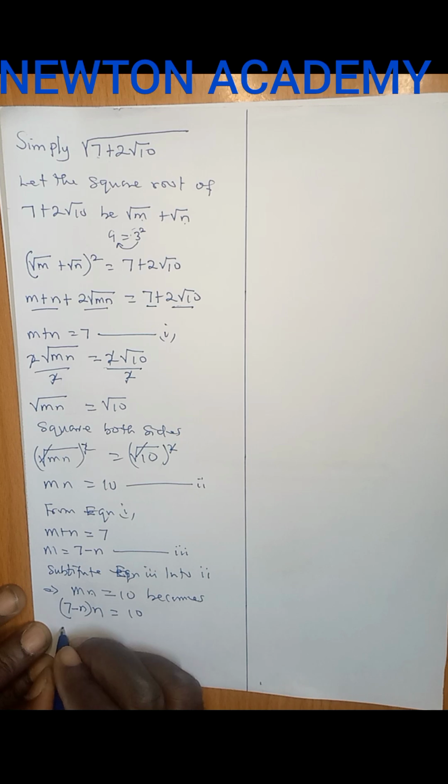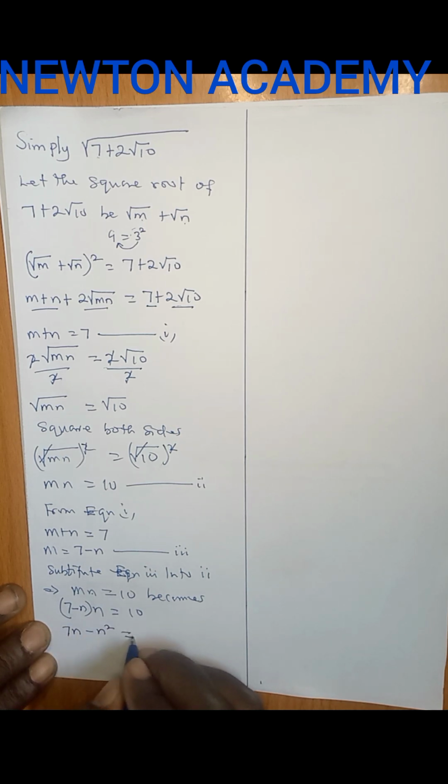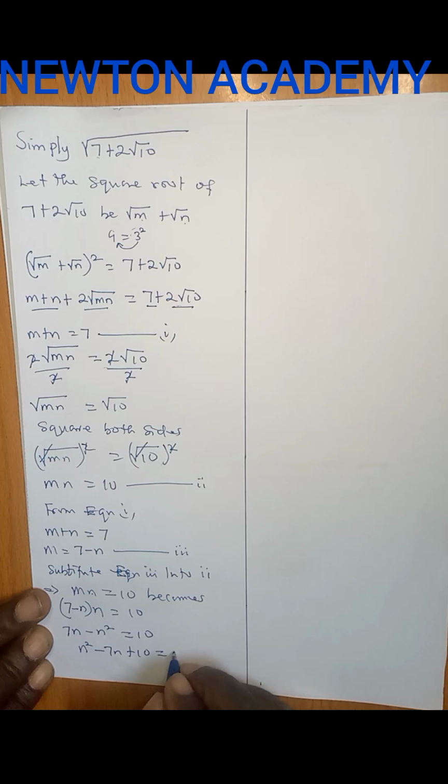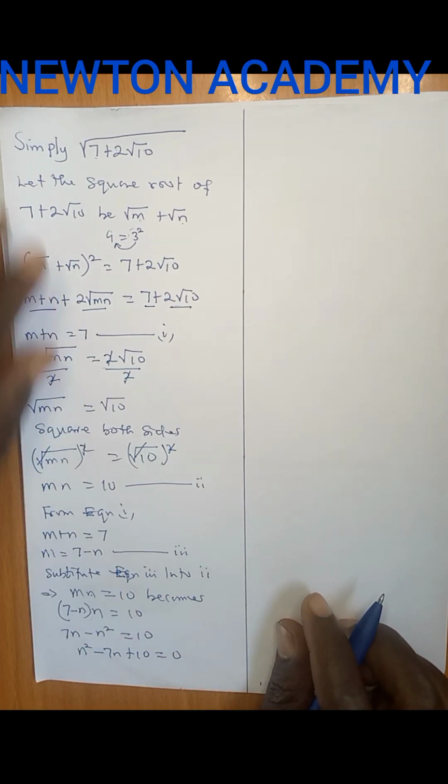When we open the bracket, we have 7n minus n squared is equal to 10. When we rearrange this, we have n squared minus 7n plus 10 is equal to 0. This is a quadratic equation.